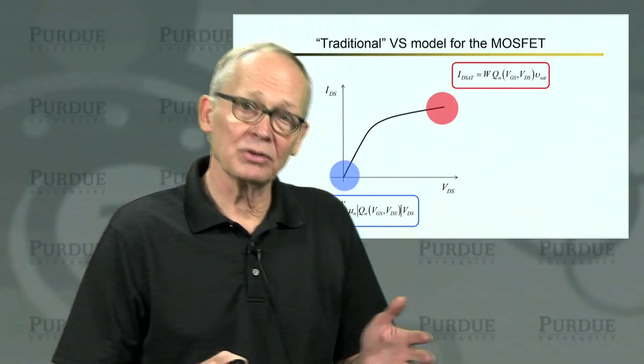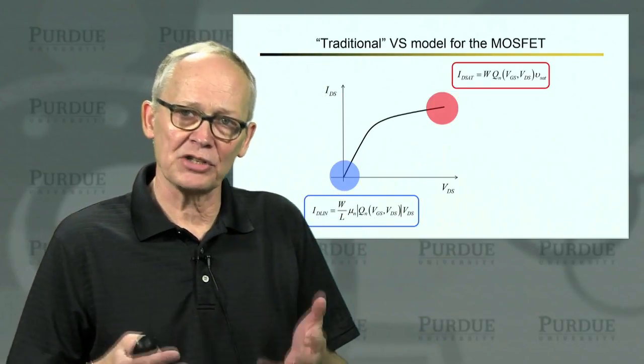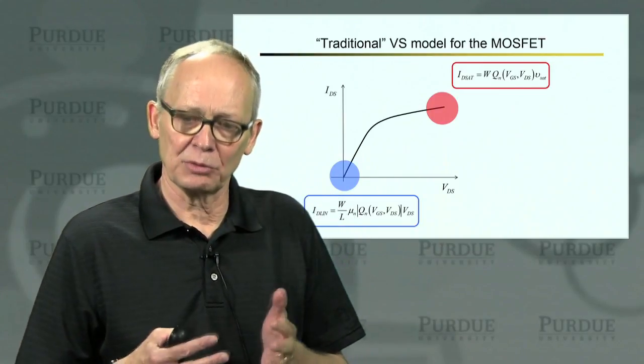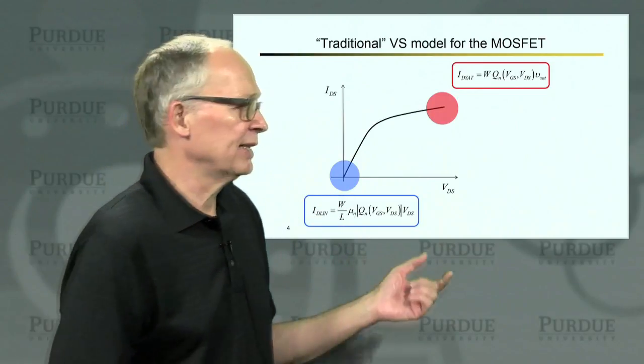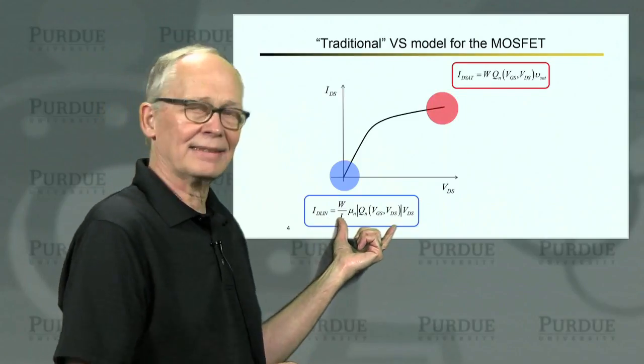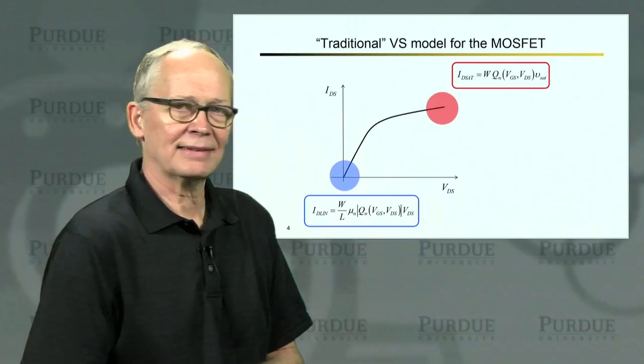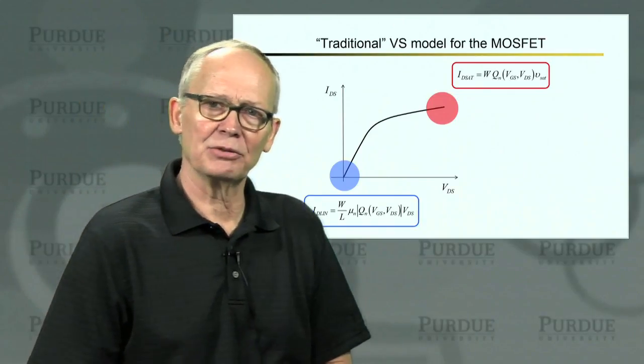Now we have also developed, using traditional MOSFET modeling concepts, the model we call the virtual source model. When we did that, we had this classic textbook expression for the linear region current and this classic textbook expression for the saturation region current.